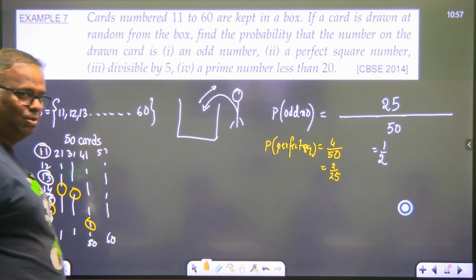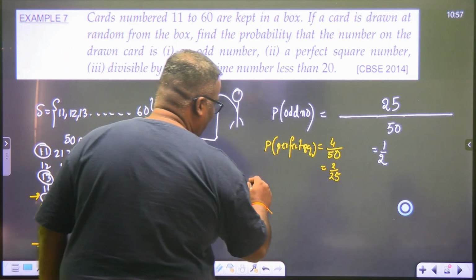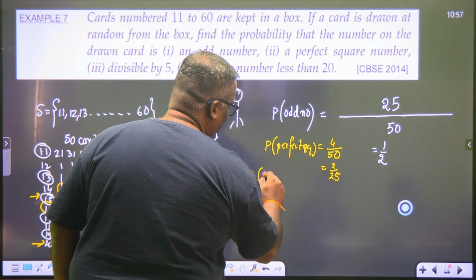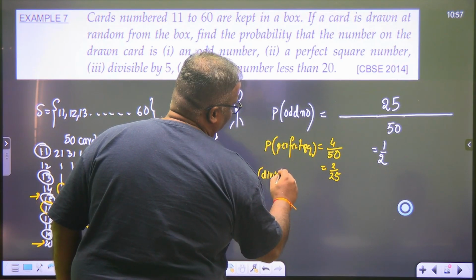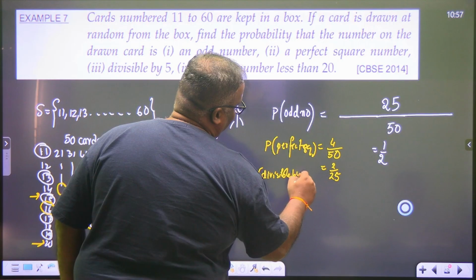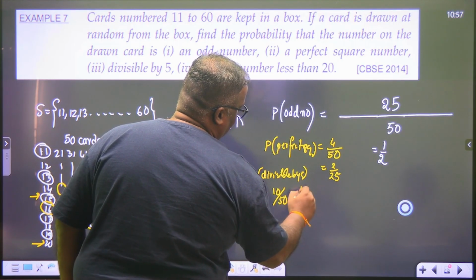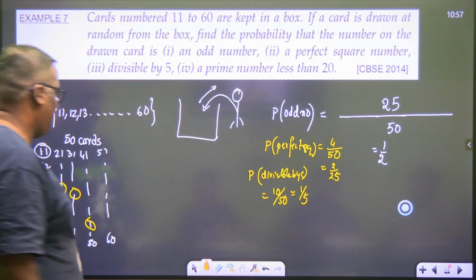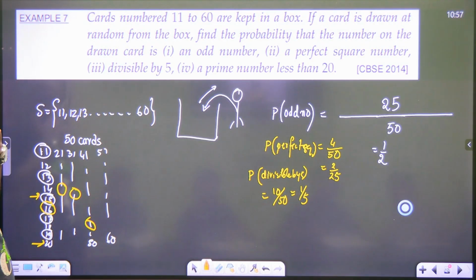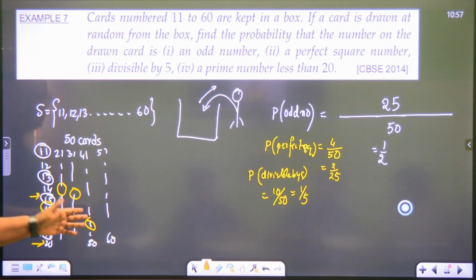Is it understood? So probability divisible by 5 is equal to 10 upon 50. Why? 60 is also there. One row has 5 rows. In this row, how many are divisible by 5? 15 and 20.